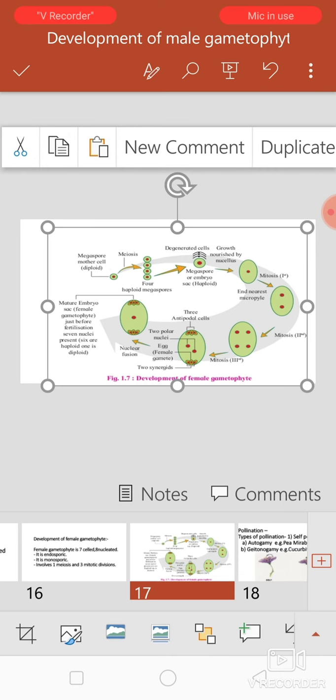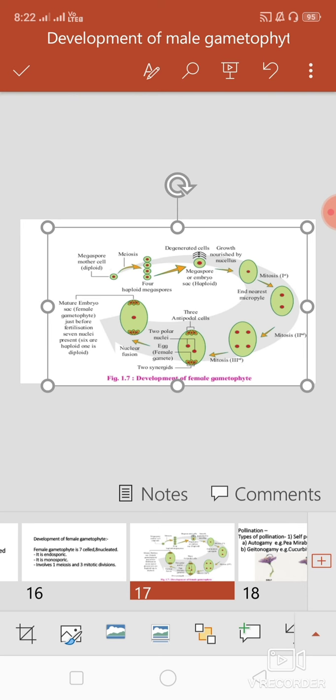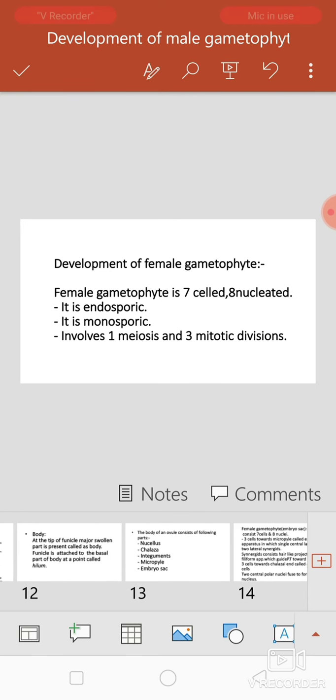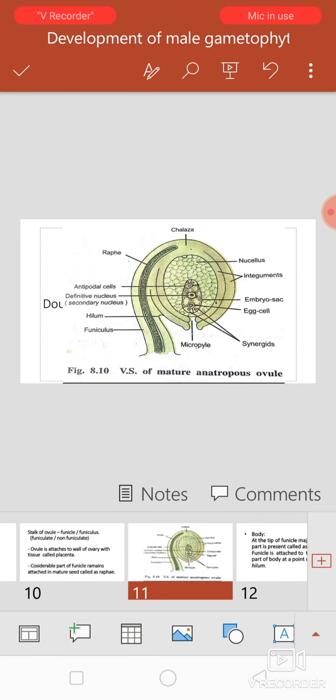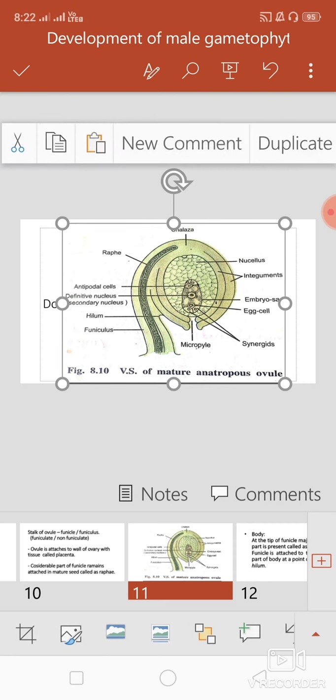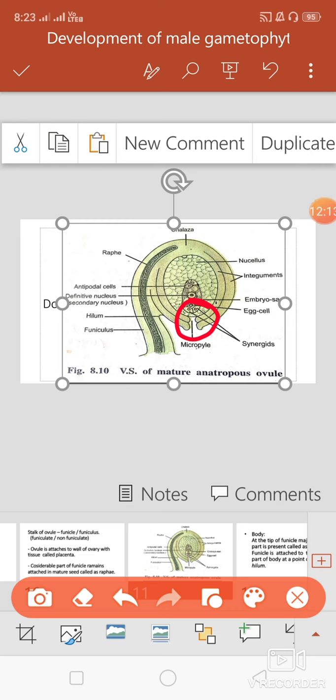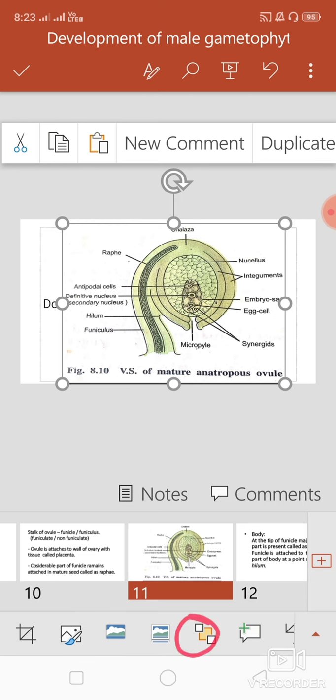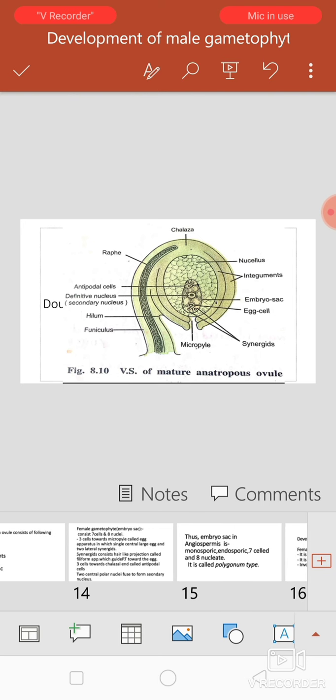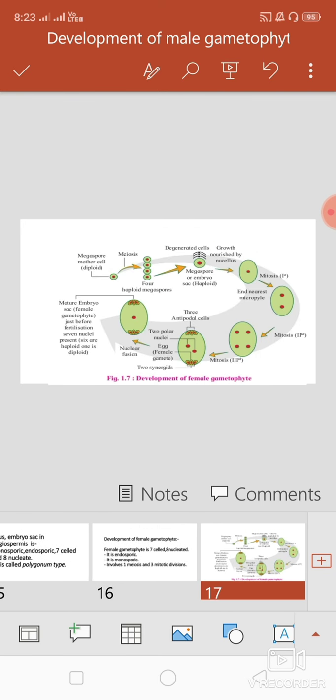Here, one of the cells of the nucellus towards the micropylar end becomes active and functions as the megaspore mother cell, right? I repeat again, how the development starts.